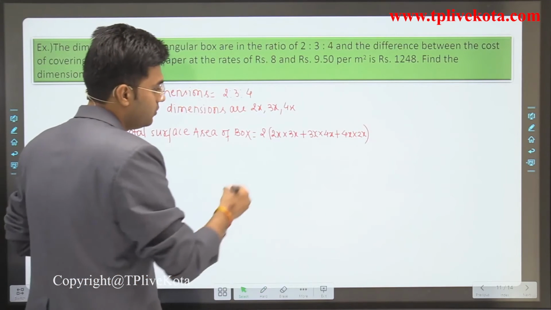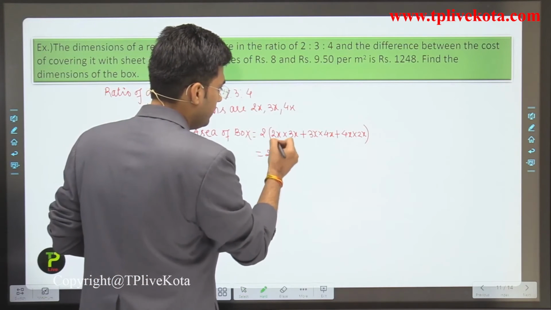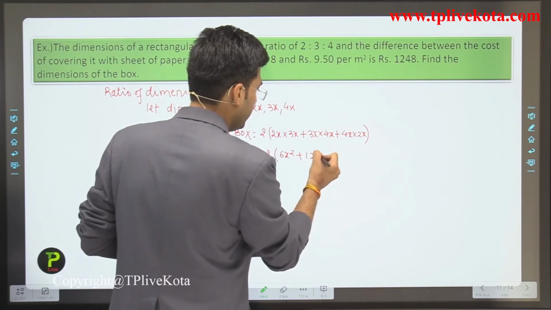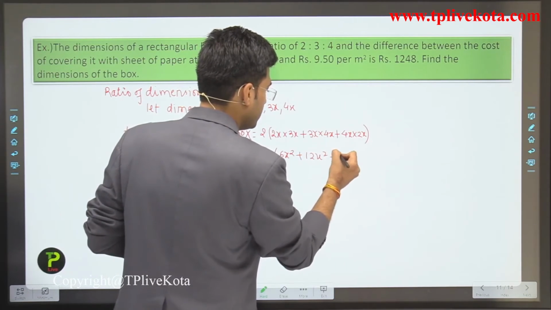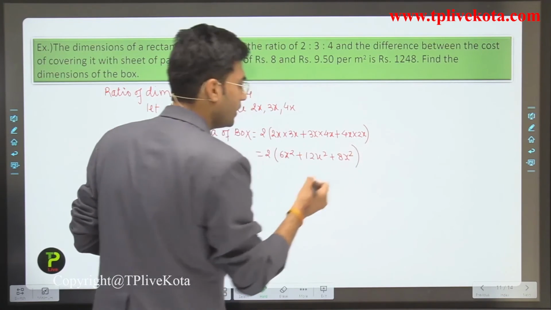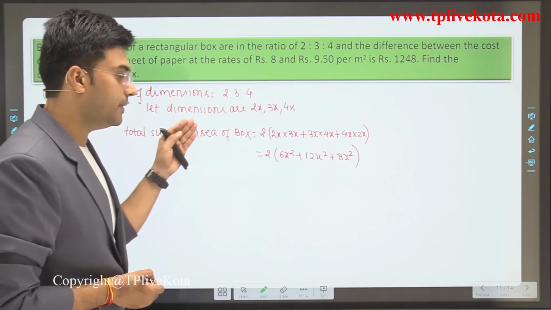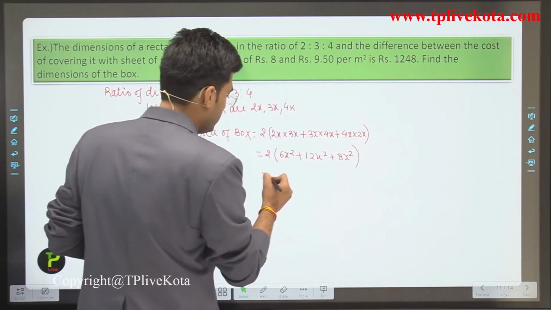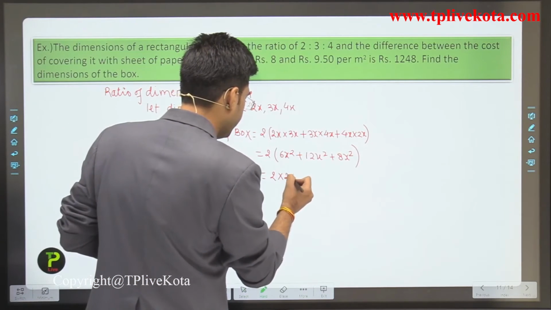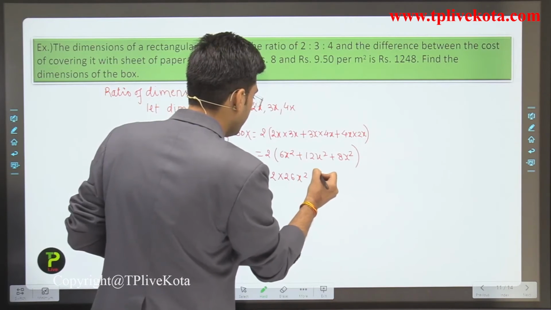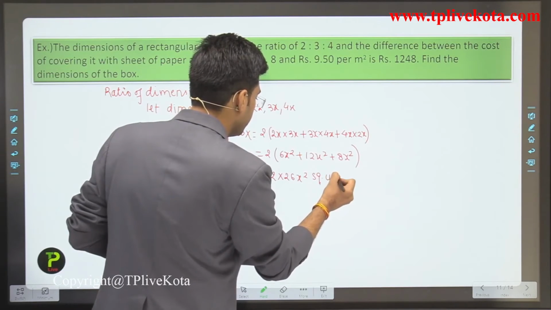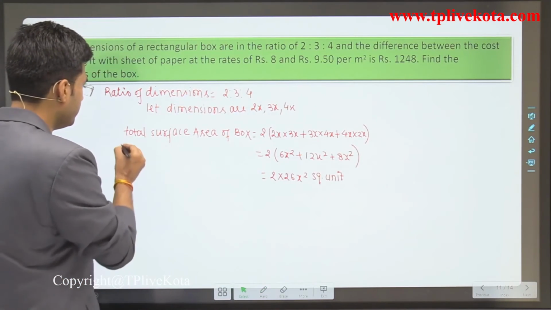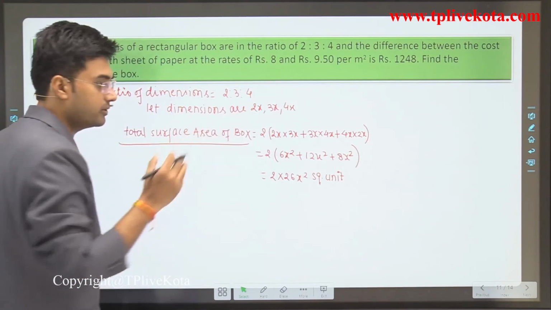Now when we solve this, what will we get? It is 6x square plus 12x square plus 8x square, that is 12 plus 8 is 20, 20 plus 6 is 26. So it is equal to 2 multiplied by 26x square, square unit. Clear? Now this is the total surface area of the box.